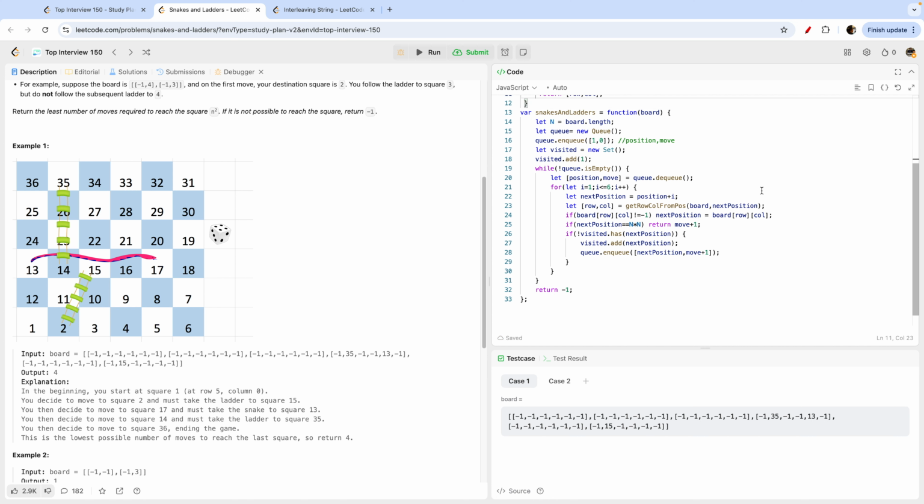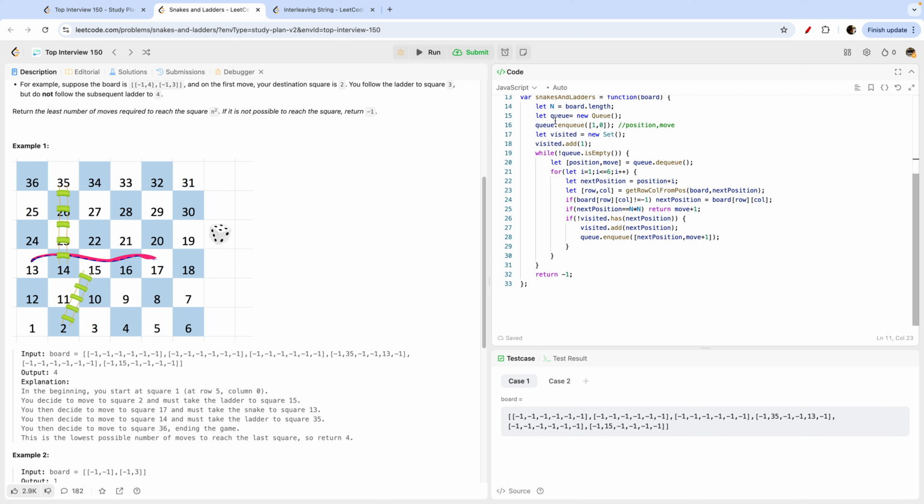Okay, let's check if there is any typo over here. Queue, visited, 1 to 6, position plus i. Board row column, okay, this is fine.